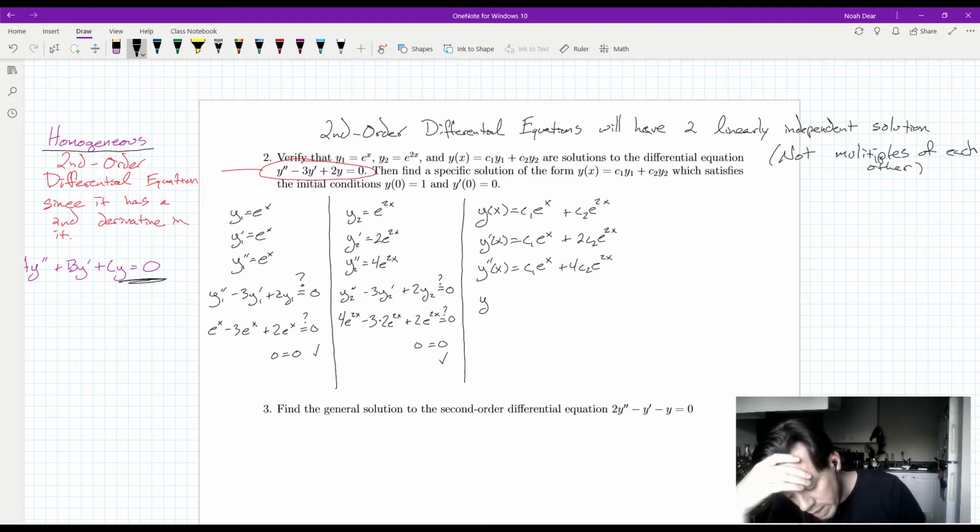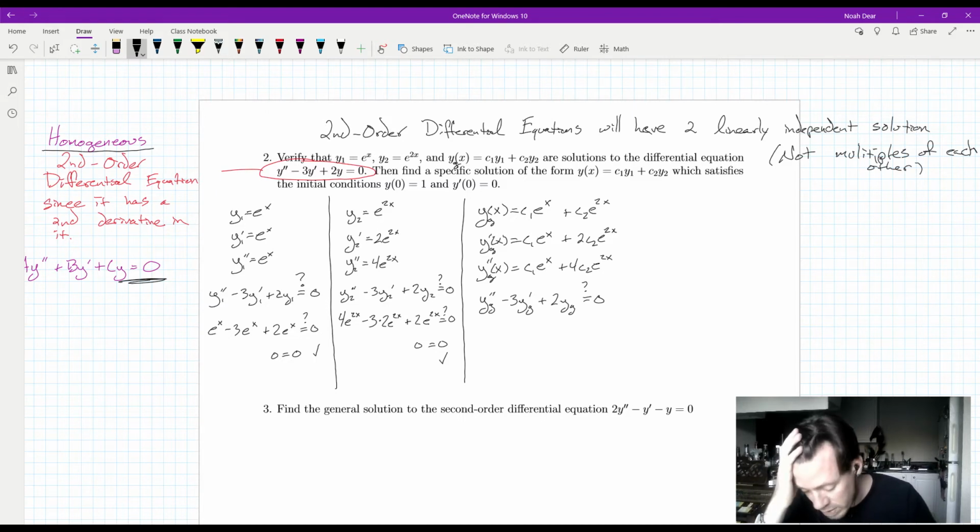And if we want to check, I'm going to give this a subscript of g for general solution. This is the general solution here. So y sub g double prime minus 3y sub g prime plus 2y sub g. Does this add up to 0 as well? So this is going to take a little space here.